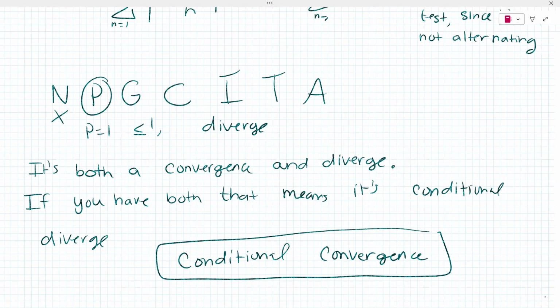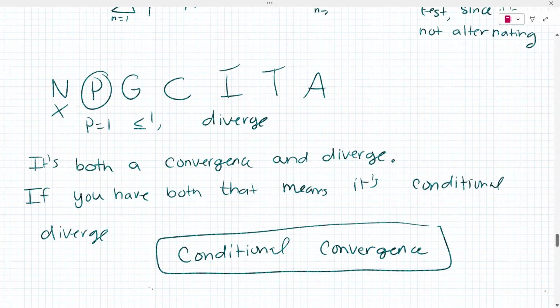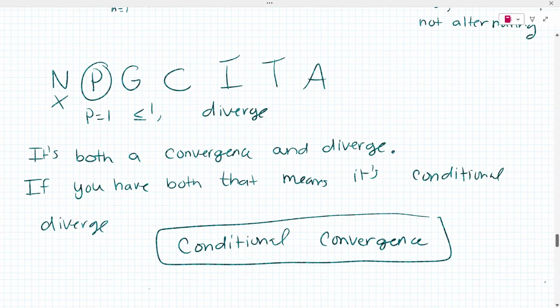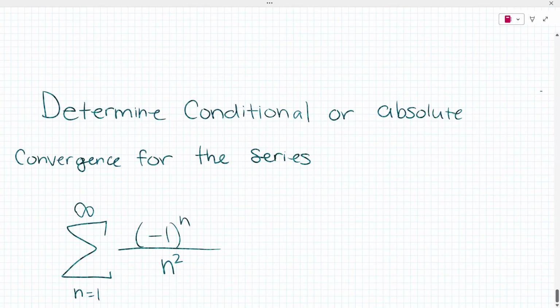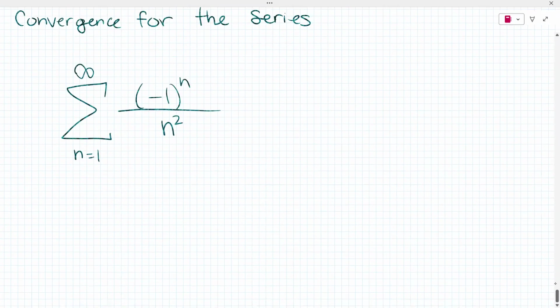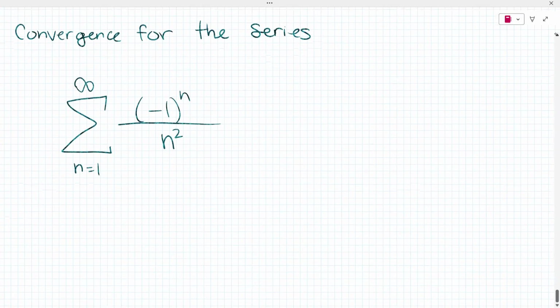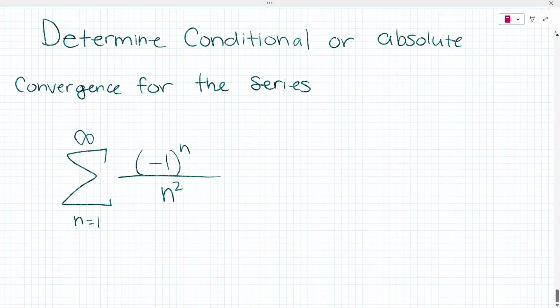Okay, now let's do another one. Let's determine if it's a conditional or an absolute convergence for the series: the summation from n equals 1 to infinity of negative 1 raised to the n all over n squared. First, it's definitely an alternating series test.